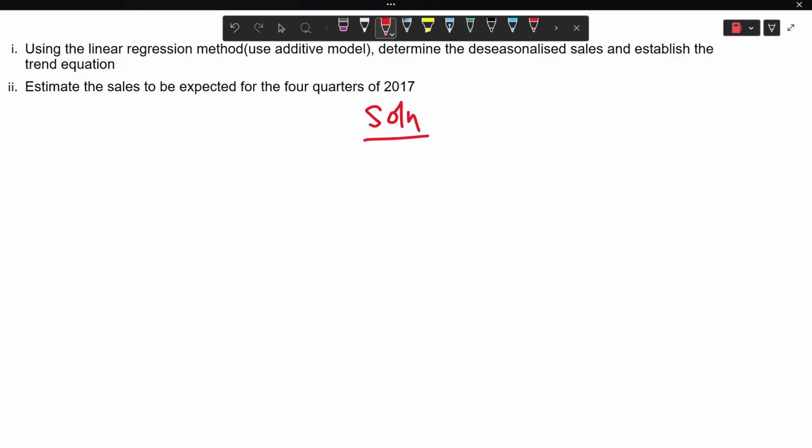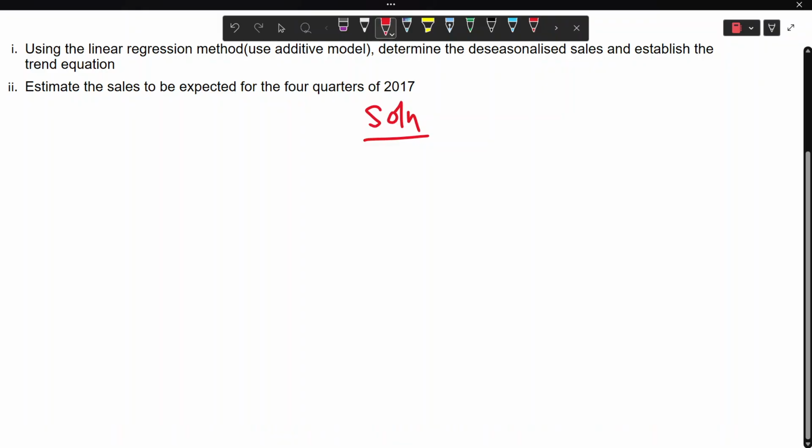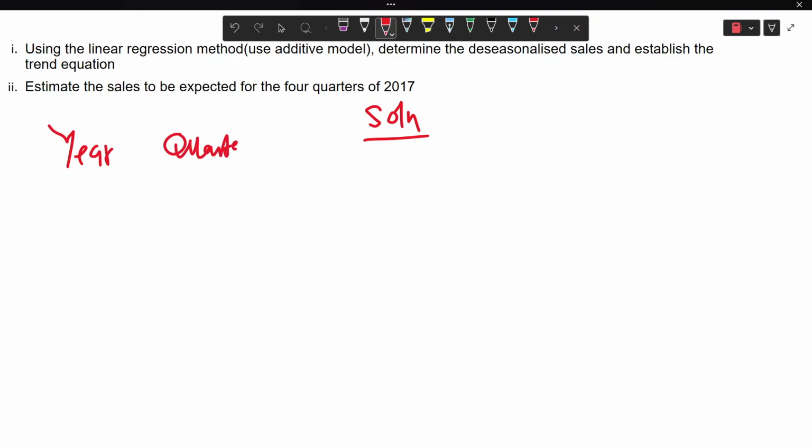So solution, we have a year, we have a quarters. 2014 quarter 1, quarter 2, 3, 4.